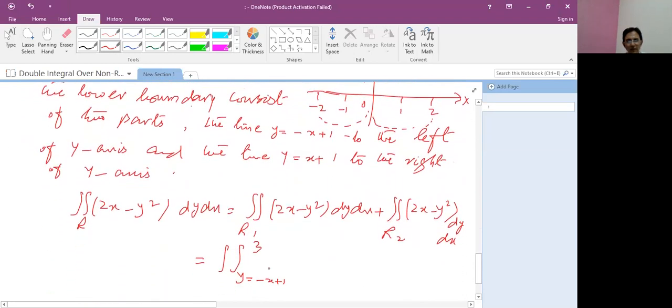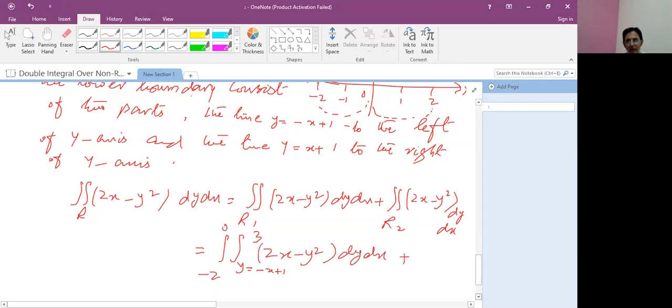So we write here the limit of y is minus x plus 1 to 3 and the limit of x is minus 2 to 0, and function as it is, student, 2x minus y square into dy into dx, plus the second integral.